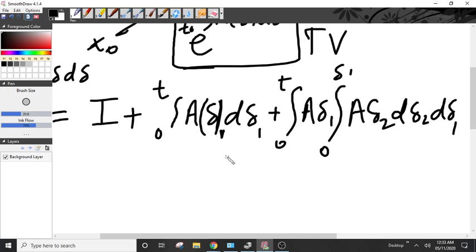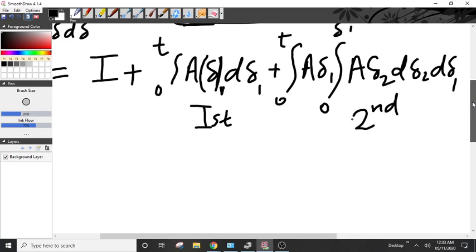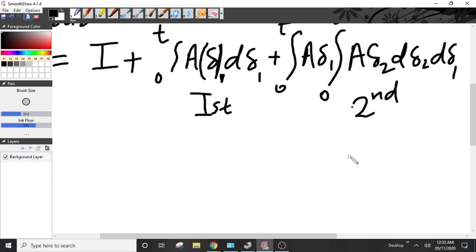So this is my identity matrix, this is my first term, and this is my second term. But to identify the exponential series, I have to find the solution till the third. It's better to find the solution till the third term, but we can identify it with only the two terms as well.